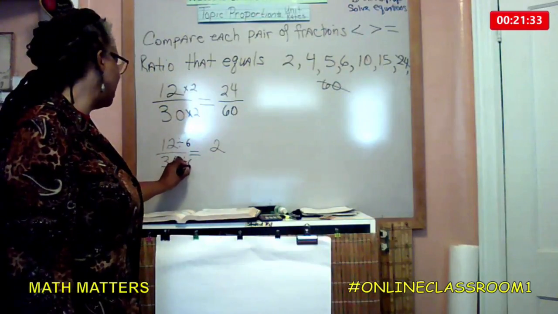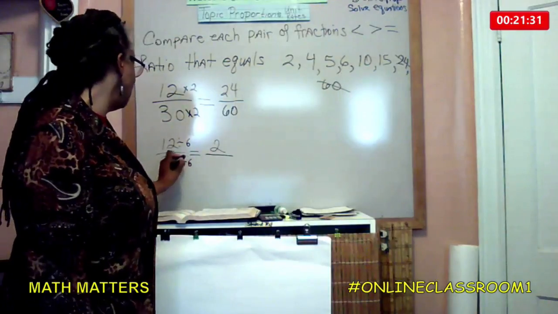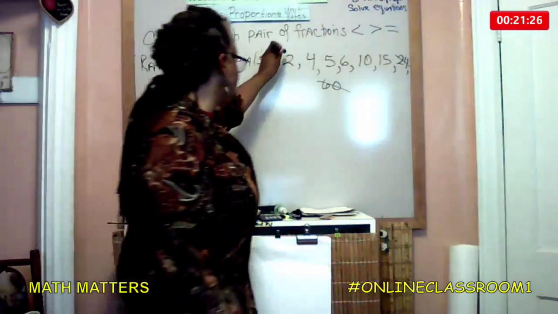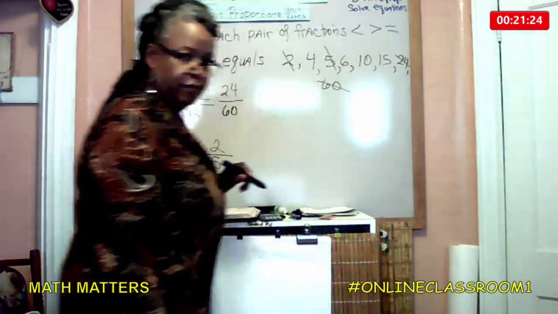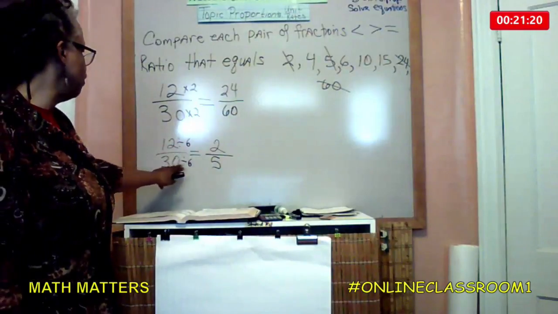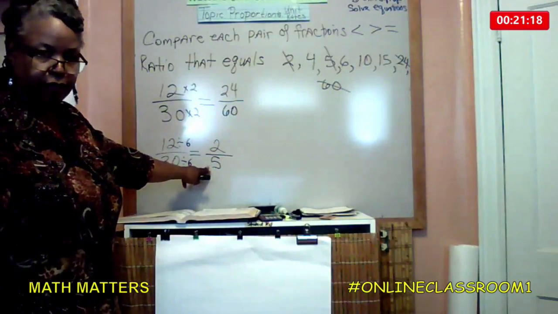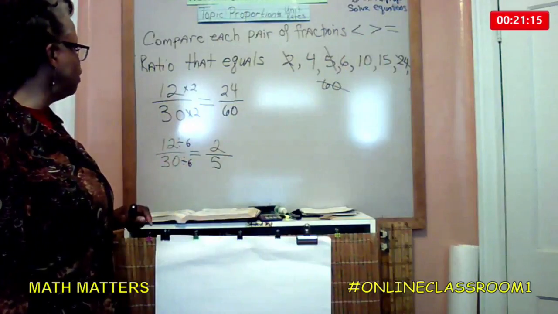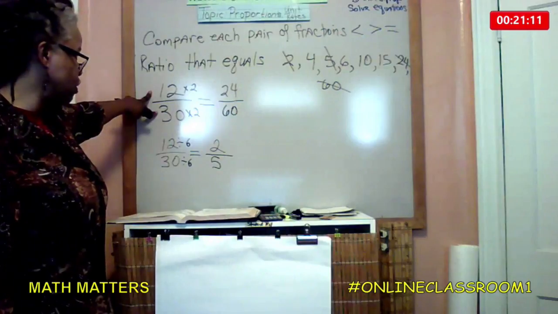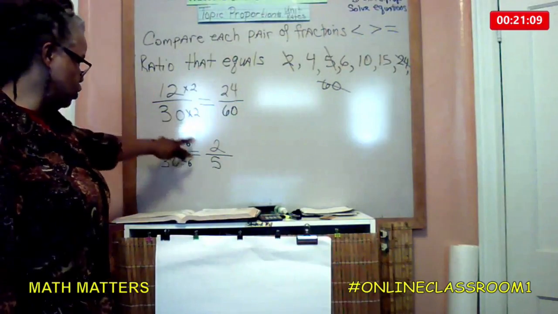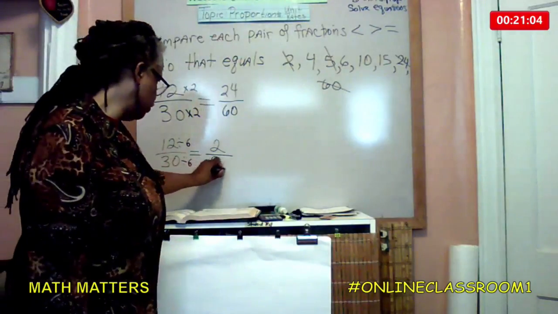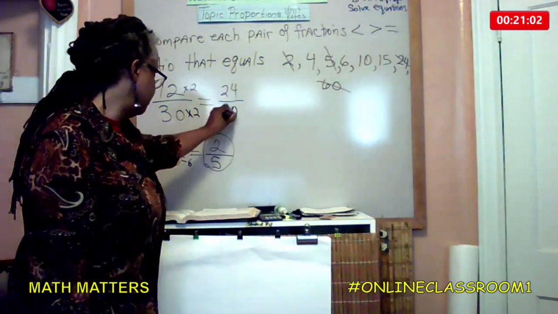I can divide my denominator by 6 and get what? 30 divided by 6 is 5. So I can use the 2 and the 5. So 12 divided by 6 is 2. 30 divided by 6 is 5. So another ratio that's equivalent to 12 out of 30 is 2/5. I'll put a circle around it.